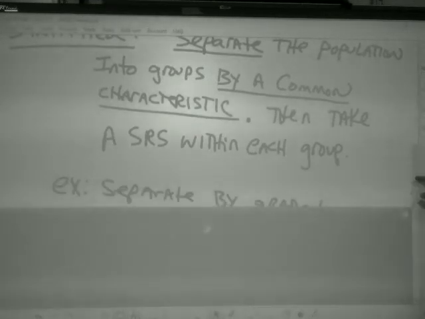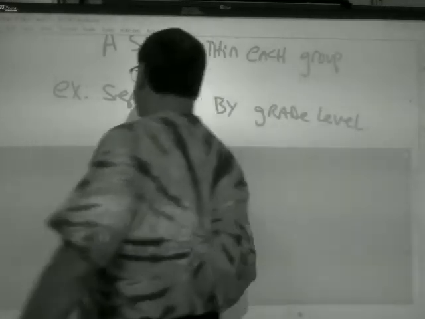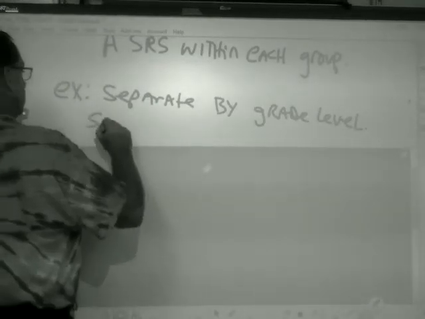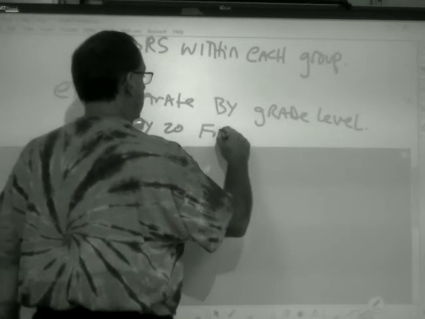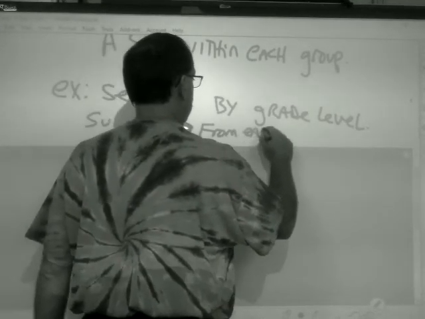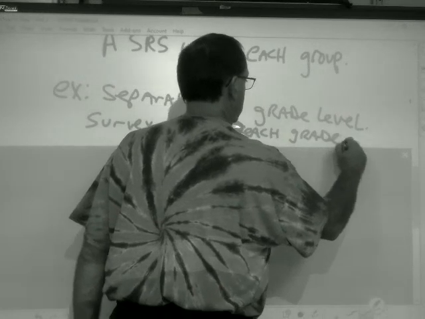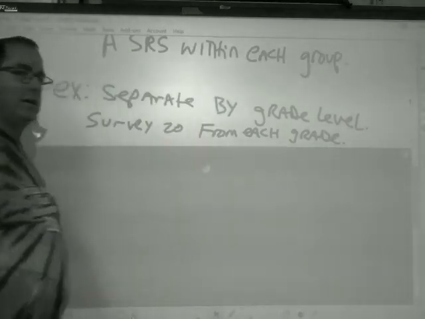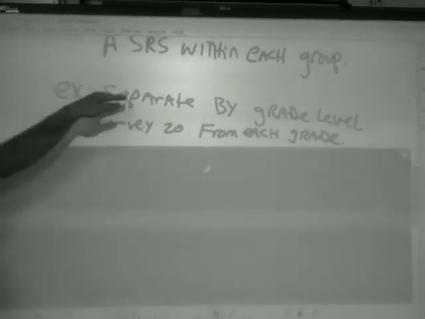For example, we could separate the school by grade level and then survey 20 people from each grade. That would be a stratified sample. Separate by grade level, survey 20 from each grade.